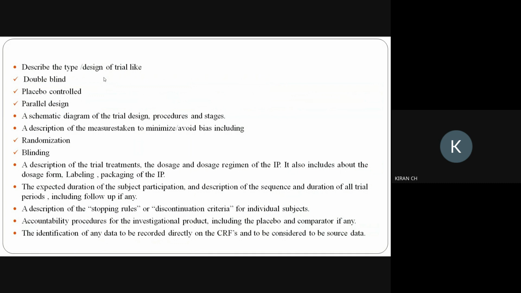Like that, we'll give some coding. First patient, code A. Second patient, code B. Third patient, again code B. Like that, we'll give some codes. Which medication we are giving to which patient will be known only to the CRO people, not to the sponsor. That kind of blinding we will do in studies to avoid the bias or to avoid the favoritism.